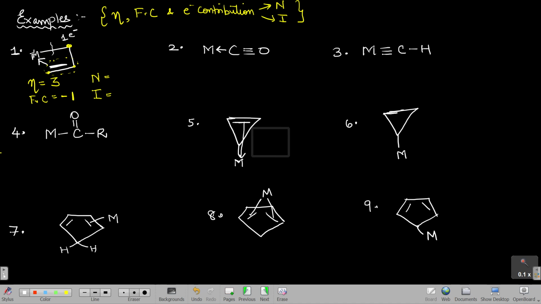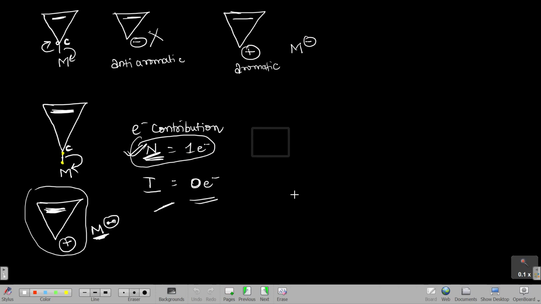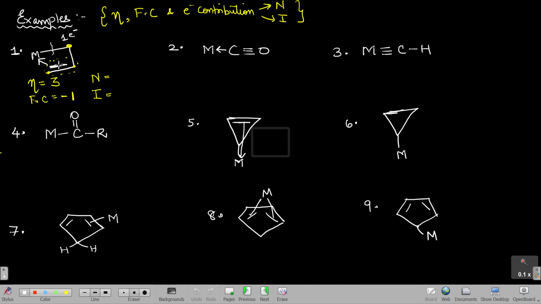And in such pi electron donation, the rule that I told you is that whenever there is a coordinate bond donating through a lone pair, pi electron or sigma bond, the electron contribution is always going to be 2. So this bond, whether through the neutral method or ionic method, is going to donate 2 electrons. So 2 plus 1, it is going to be 3 electrons in the case of the neutral method.